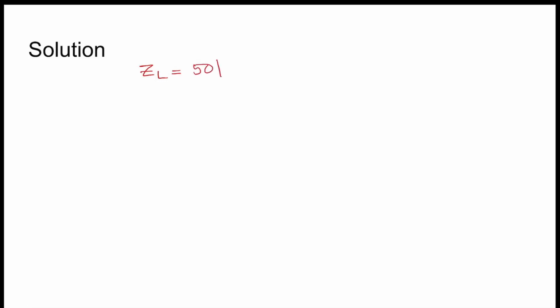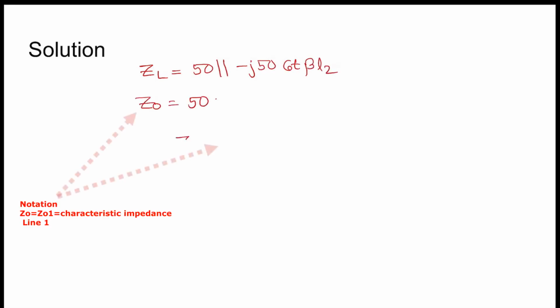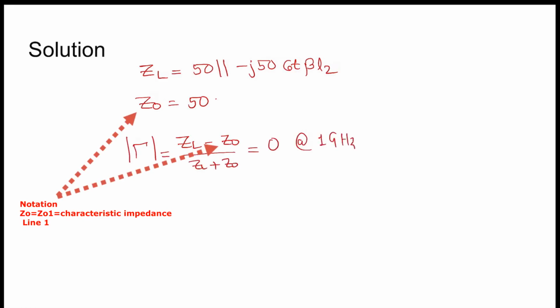Now coming to the solution, ZL is 50 parallel minus j50 cot beta L2. Z0 is 50, so ZL minus Z0 by ZL plus Z0, which is mod gamma, equals 0 at 1 gigahertz.